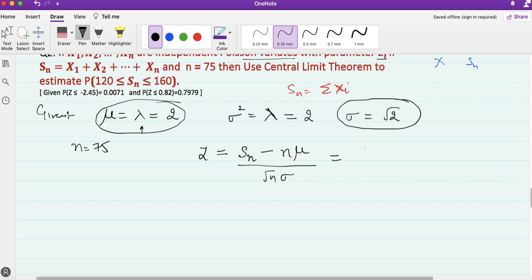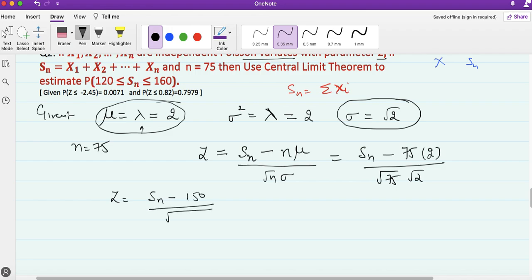If I plug in n equal to 75 and mu equal to 2, the mean is 150, divided by root of 75 into root of 2. When we simplify, my z is 150 divided by root of 150. That is going to be my z for this question.